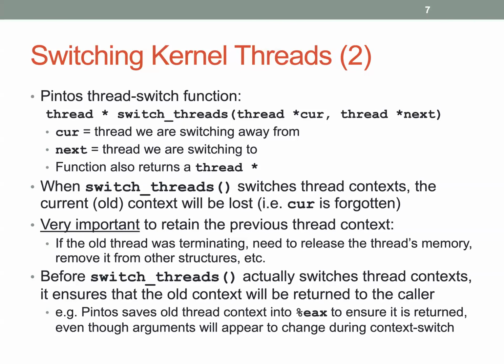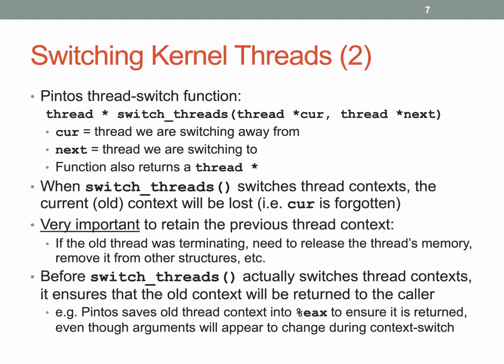And so that way, if thread A is actually terminating, or there's other resources that we need to clean up for thread A, or there's other details we need to track for thread A, well, the return value of switch threads will be the one we're switching away from. And therefore, the thread scheduler inside the kernel can take care of doing that final bookkeeping. Weird stuff when you start managing machine context, but it's so powerful.